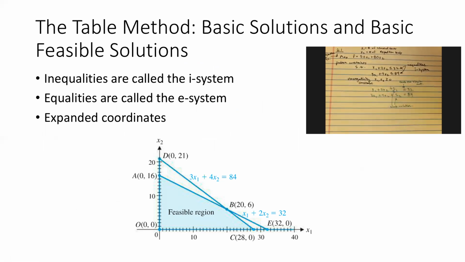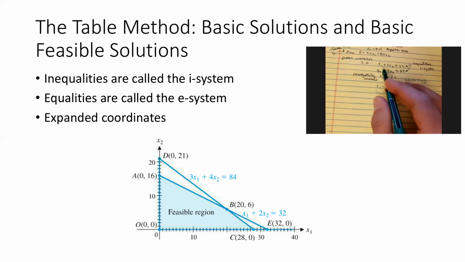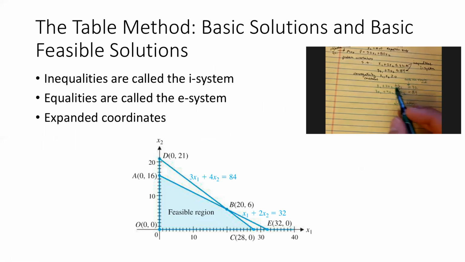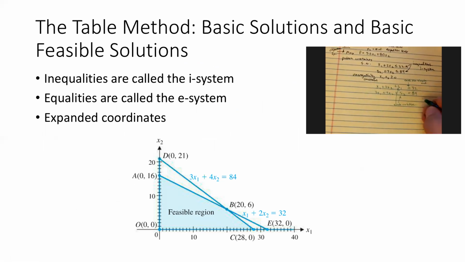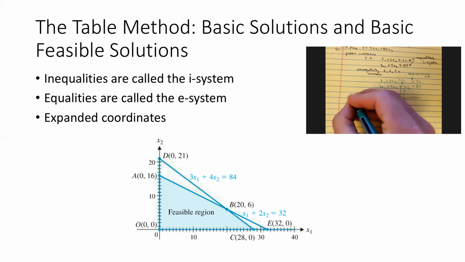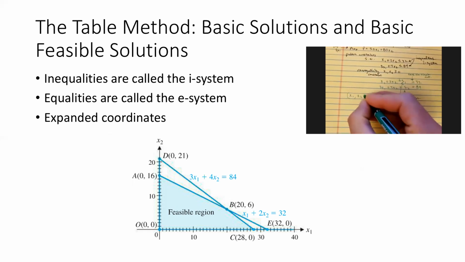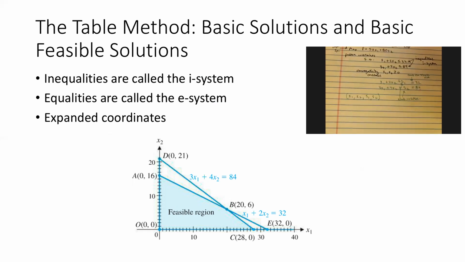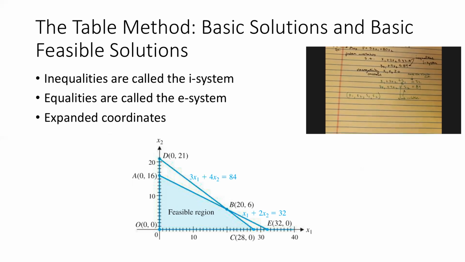Then we'll talk about expanded coordinates. Right now you'd just tell me this is x1 and x2, the regular coordinates, in parentheses. But in expanded coordinates, we're also going to have s1 and s2, so all of those variables are included because we introduced slack variables.